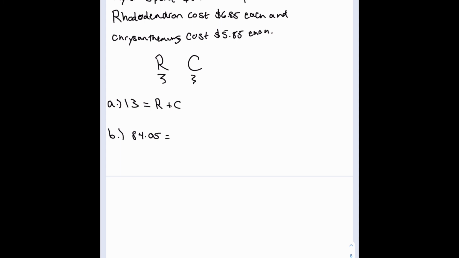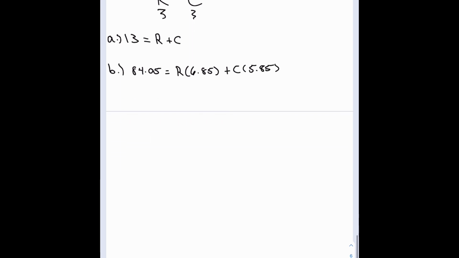So if rhododendrons cost $6.85 each, this is how we find our total cost for those. And then our total cost for the chrysanthemums will be C times their price, $5.85. And this is the answer to part B, because we'll get the cost for each type of flower, and we add that together. That's his sum cost of $84.05.